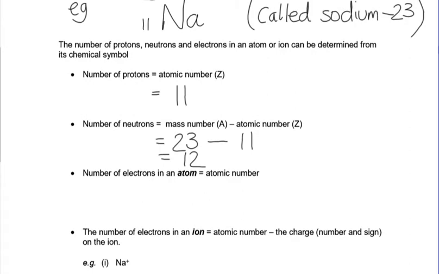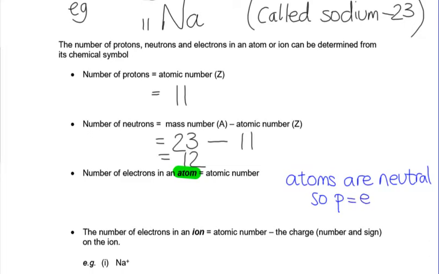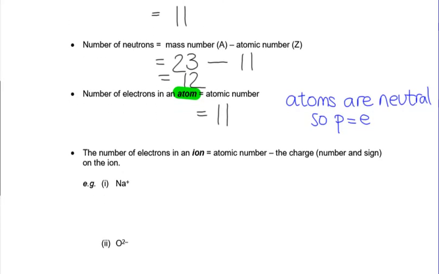We can work out the number of electrons in an atom. We know that atoms are neutral, so protons equal electrons. If it was an ion, that statement wouldn't be true, so we just need to be careful. But because it's an atom, it has 11 electrons because it has 11 protons.